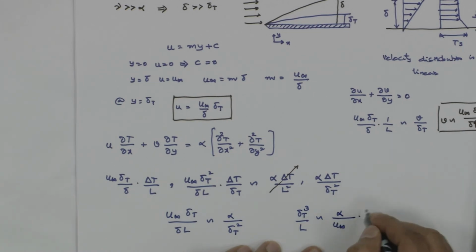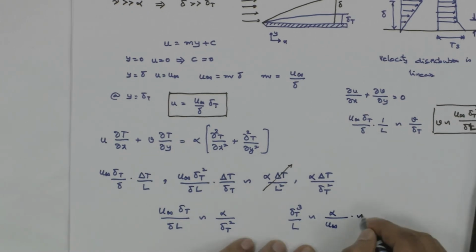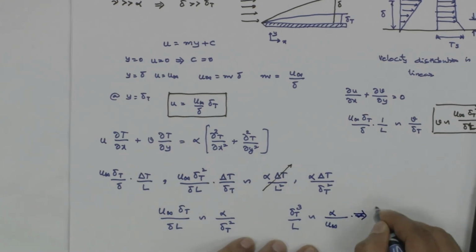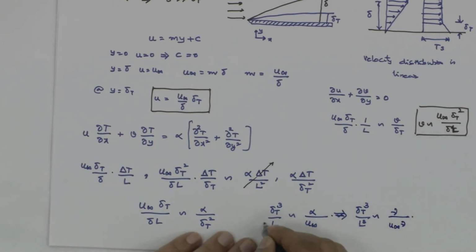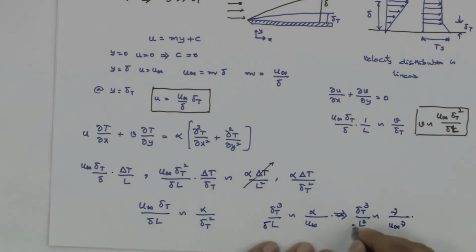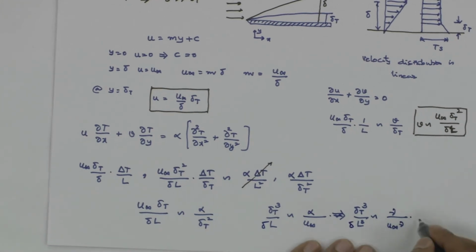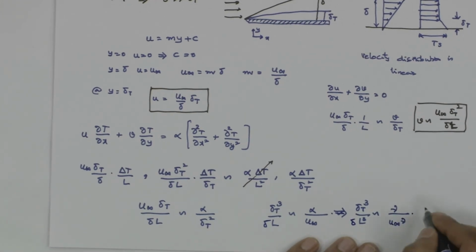into u infinity. So this implies that delta t cube by L cube is of the order of nu by u infinity L into delta is missing. So here I have missed out delta. So you have delta here. So you have nu over u infinity L into alpha.